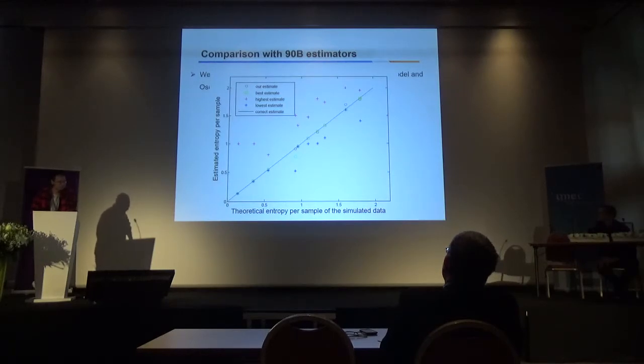And the lowest, that is the final result of the NIID, may be lower than the correct estimate. And the best estimates, which means closest to the correct estimate in NIID, are all provided by the prediction-based estimators.